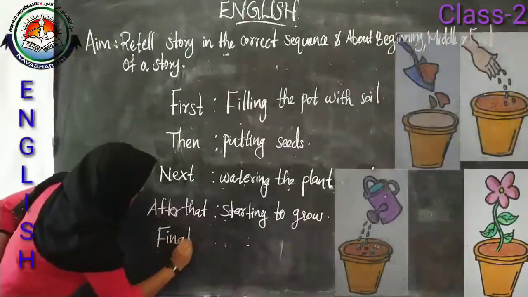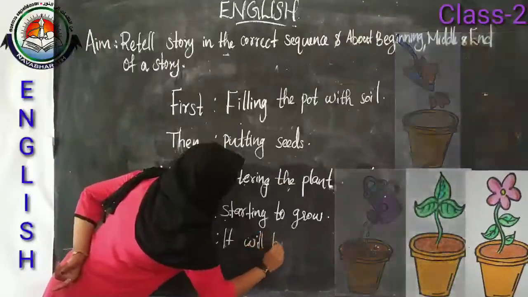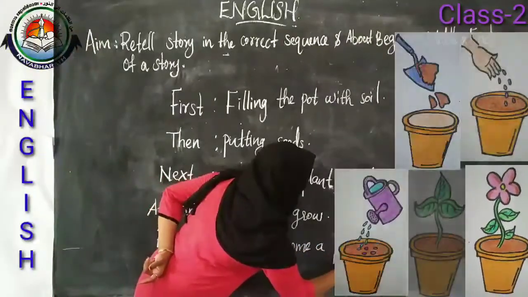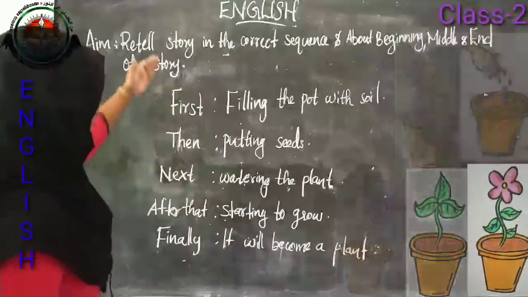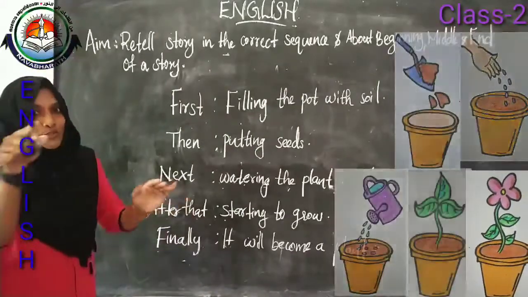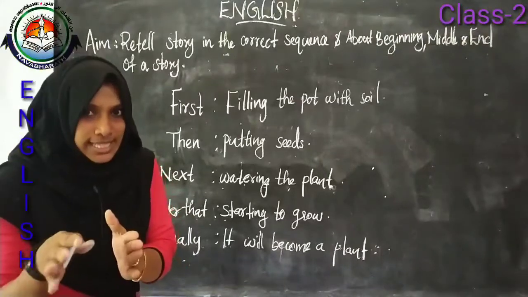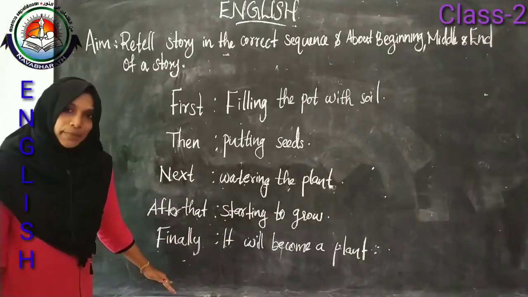So finally, it will become a plant. So dears, these are the correct order of your planting. Do you understand this? This is the correct ordering of your planting.